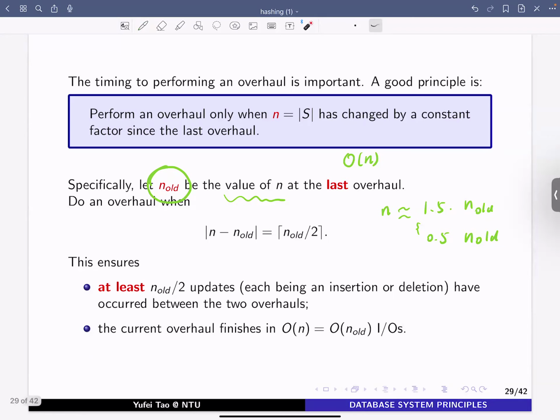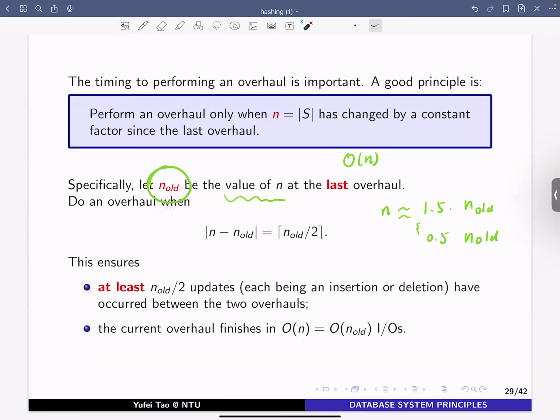All right, now let's look into this condition more closely. It essentially says that in either situation, I can claim one thing. How many updates must I have had since the previous overhaul?